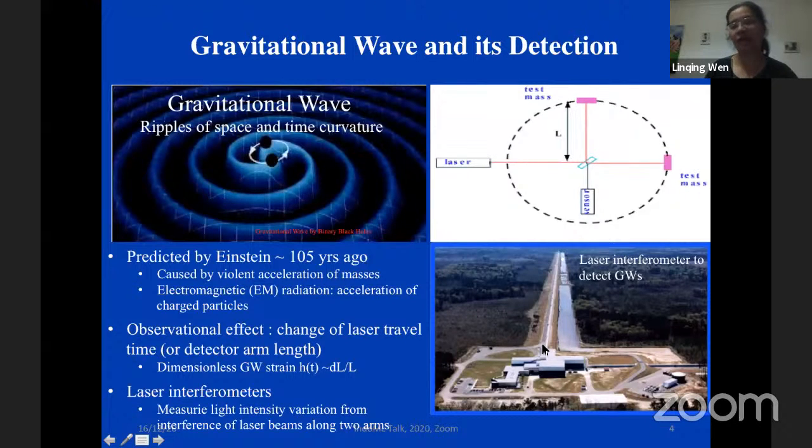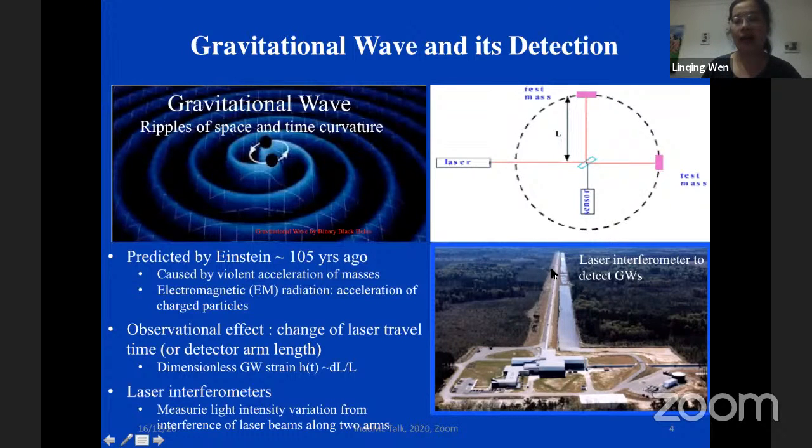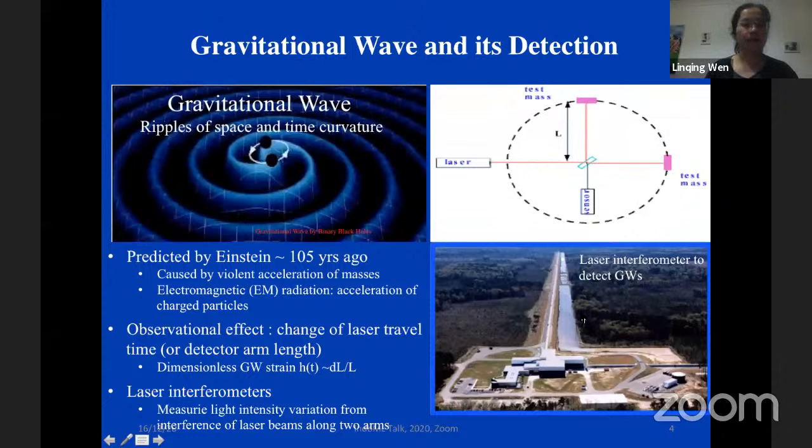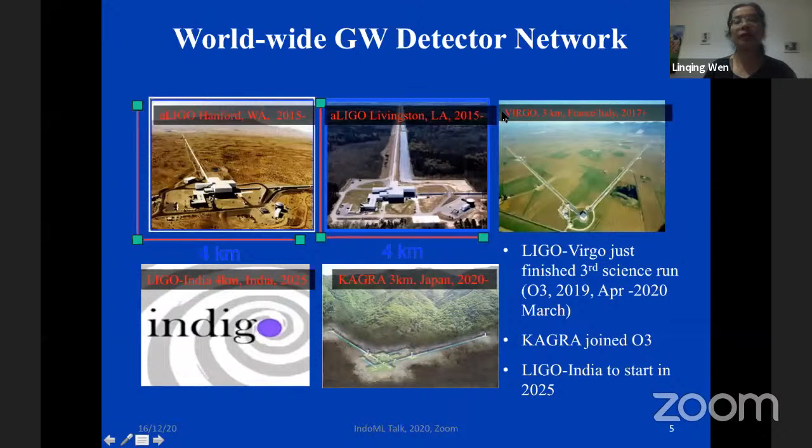If you are a physics student, you probably know the Michelson interferometer, and that's basically a very large Michelson interferometer with 3 to 4 kilometer arm length. So there is a worldwide gravitational wave detector network, and some of you probably know already.